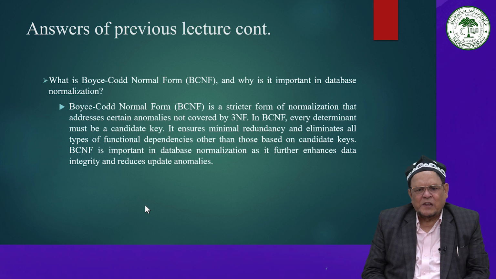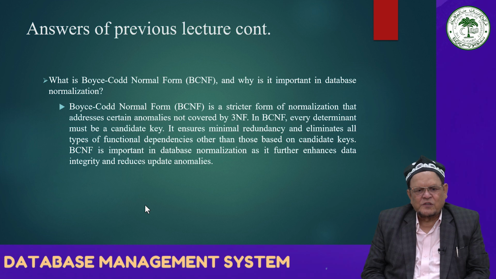In BCNF, every determinant must be a candidate key. It ensures minimal redundancy and eliminates all types of functional dependencies other than those based on a candidate key. BCNF is important in database normalization as it further enhances data integrity and reduces update anomalies.